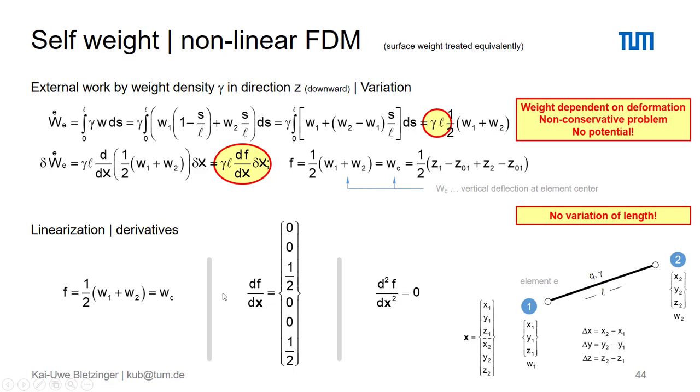Taking the derivative of F with respect to W1 is nothing else than taking the derivative with respect to Z1, and W2 relates to Z2, which explains that we just have the entries 1/2 as the third component and component number 6. As F is a linear function, the second derivative of F is straightforward 0.